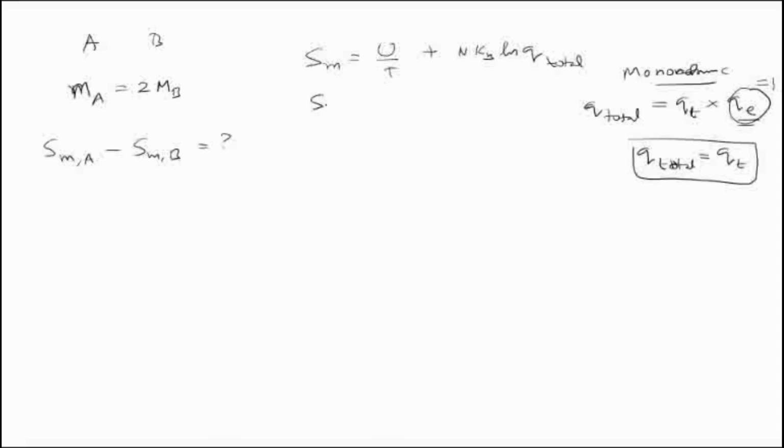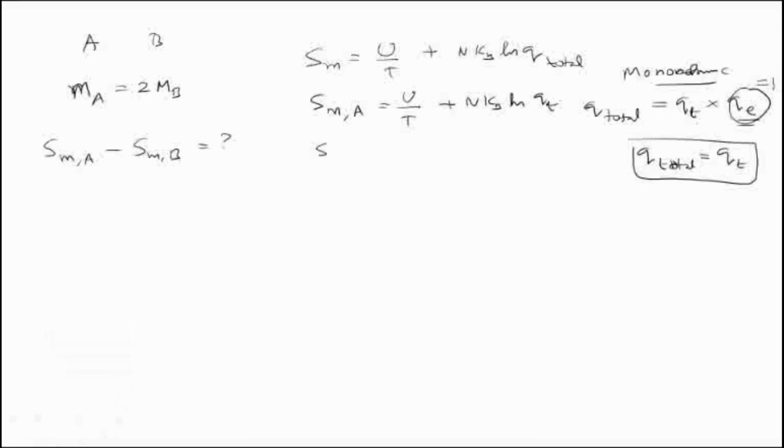So if you write molar entropy for gas A, you will get U by T, internal energy by T, plus N kB ln Q total. Or in the place of Q total, we can write the translational partition function directly, because for monatomic gas, Q total equals Q translation.